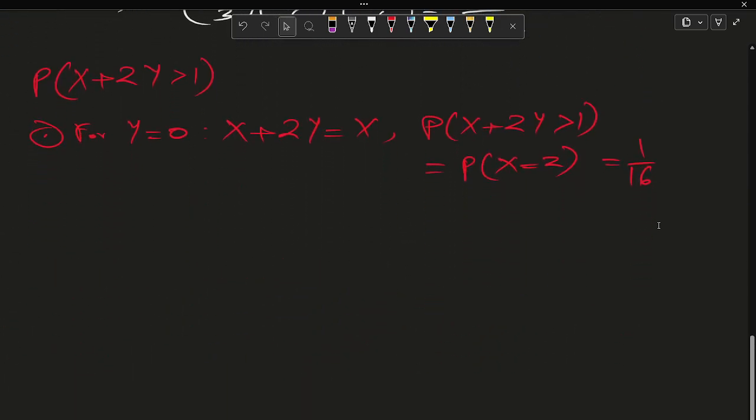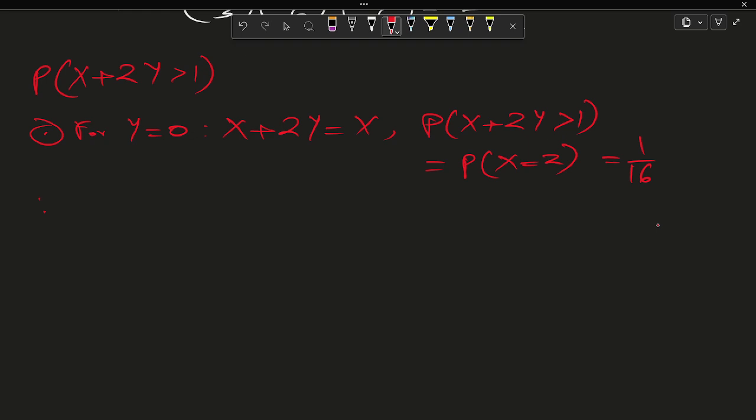So after that, now for Y equals 1, my X plus 2Y is equal to my X plus 2, because this is 2Y, so that is 2. So my P of X plus 2Y greater than 1 will be what?